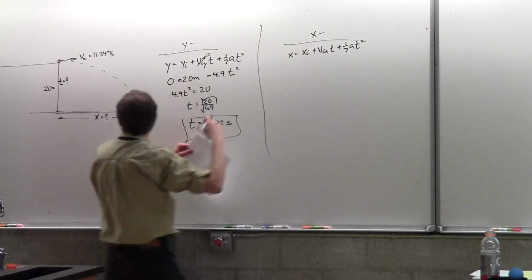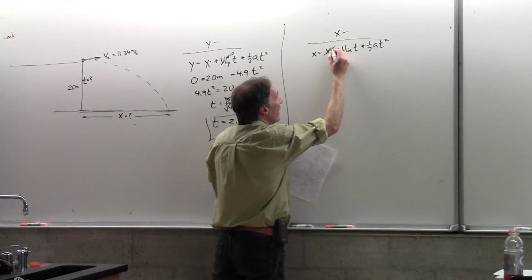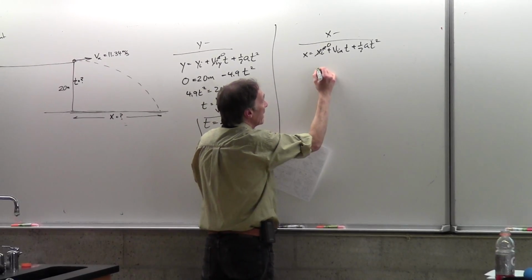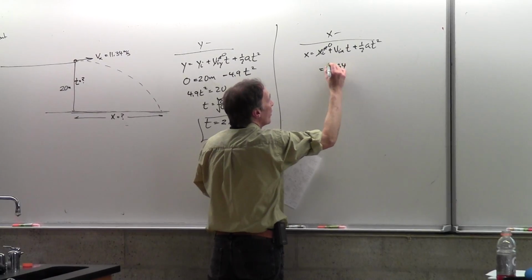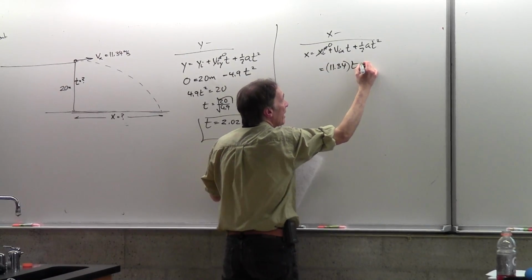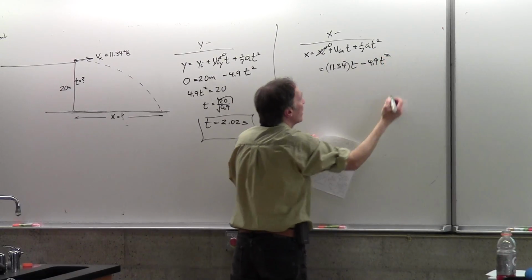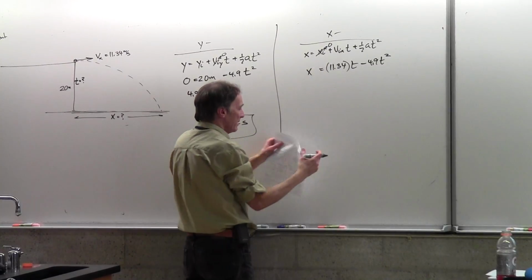I'll make the initial x right at the base of this hill, x equal to 0, so that term is 0. The initial velocity in the x is 11.34 times time minus 4.9 times t squared. And then x would be that distance.